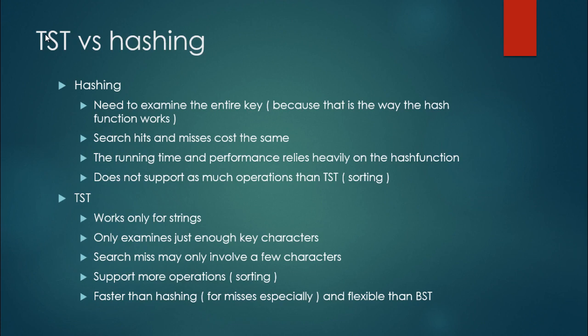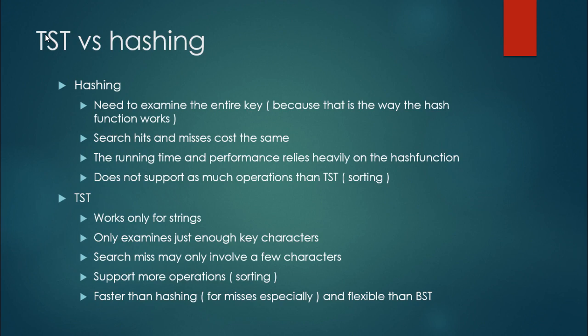On the other hand, the ternary search tree works only for strings. This is the main disadvantage of ternary search trees. It only examines just enough key characters, and that's why it's much more efficient than hashing. Search misses may only involve a few characters. It supports more operations, such as sorting, for example. And it's faster than hashing, for misses especially.